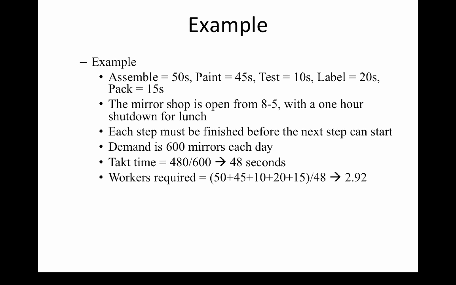And 8 hours times 60 minutes gives you 480 minutes. And then if demand is 600, you divide it and you find out that you have to get through a mirror every 48 seconds. So a mirror needs to come off that floor every 48 seconds in order for you to meet demand. And we already showed you the workers required, but in this case, you'd roughly need 3 workers to do this task.